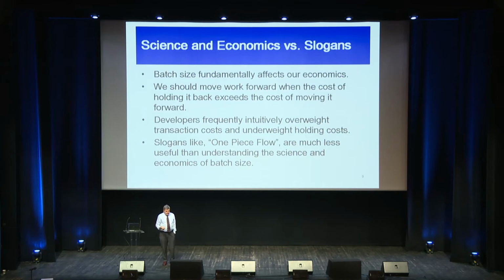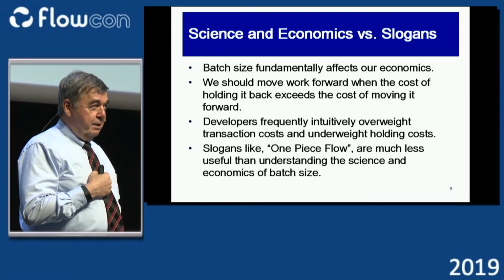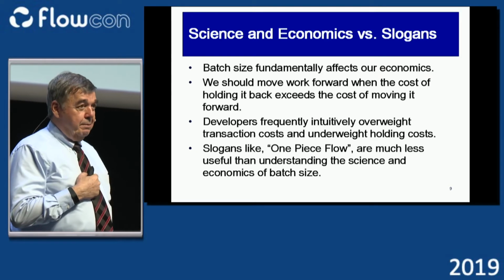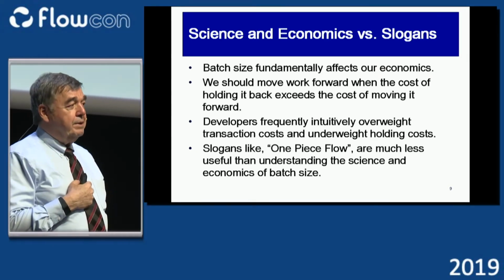People will call it the elephant traveling through the boa constrictor, because you progressively overload many stages in a process. Now, we have some non-quantitative approaches for dealing with batch size, and one of them is this great slogan from lean manufacturing: one-piece flow represents perfection.